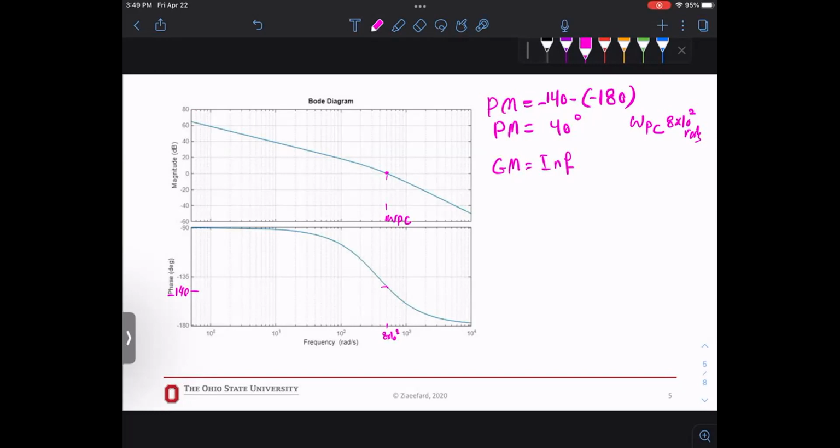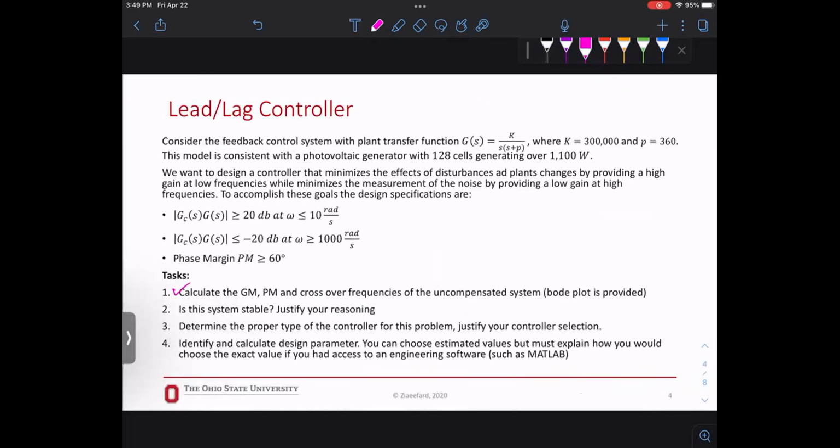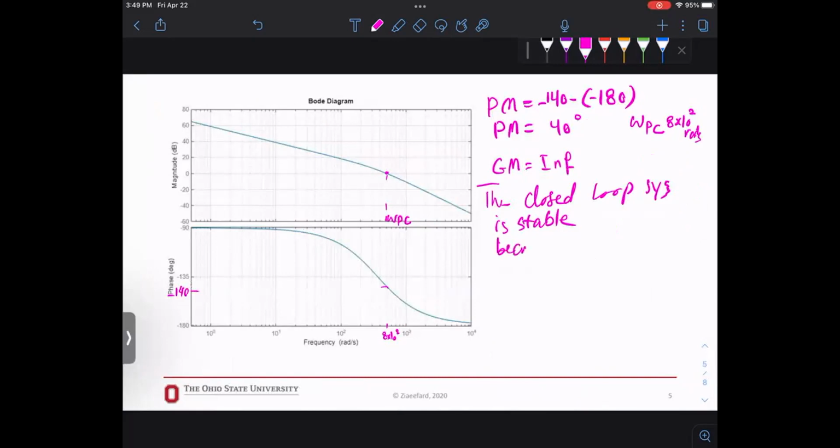Doesn't matter what K you design, your closed loop system will be stable. So we will write that the closed loop system is stable. That's the stability question. So you're justifying your reasoning because PM is greater than 0 and GM is infinity, for any K the closed loop system is stable.